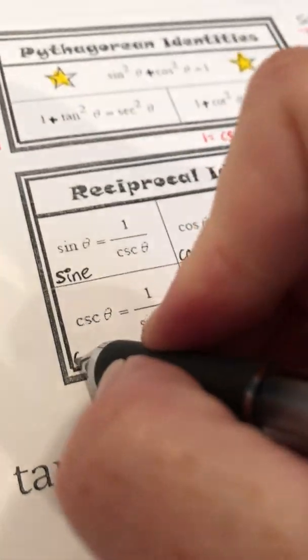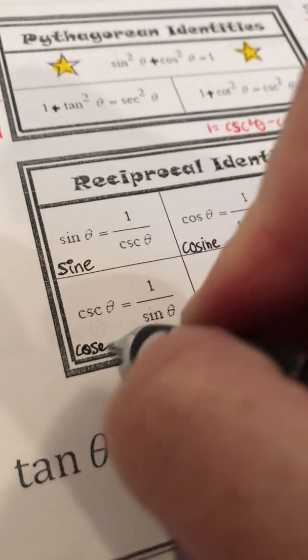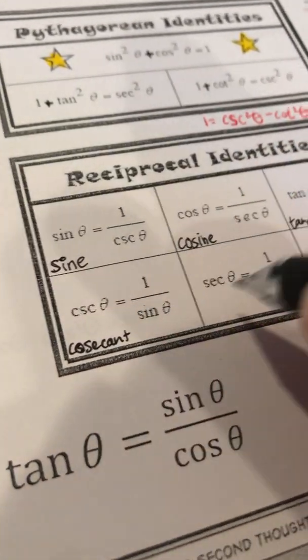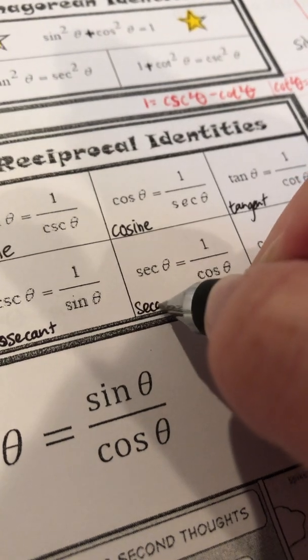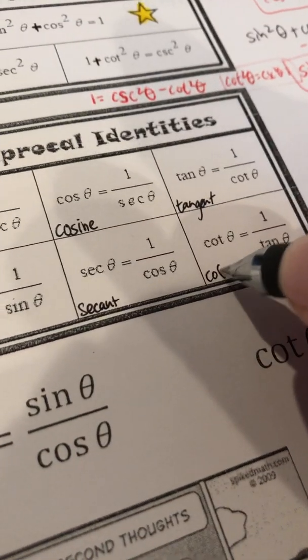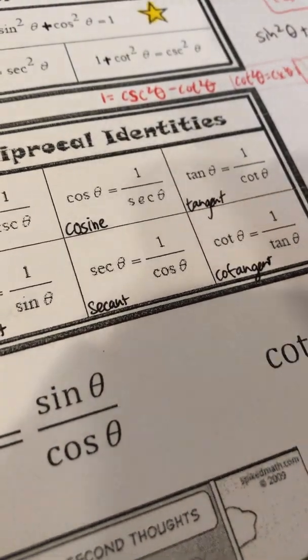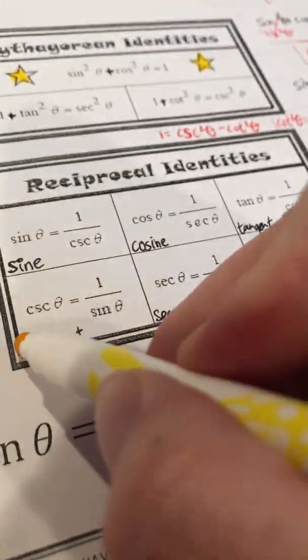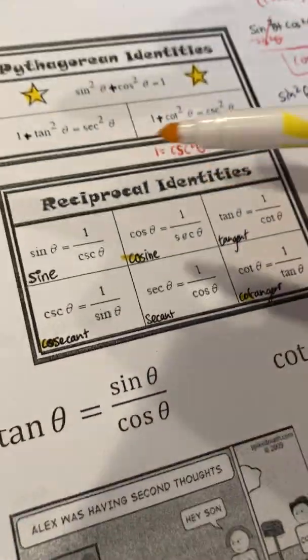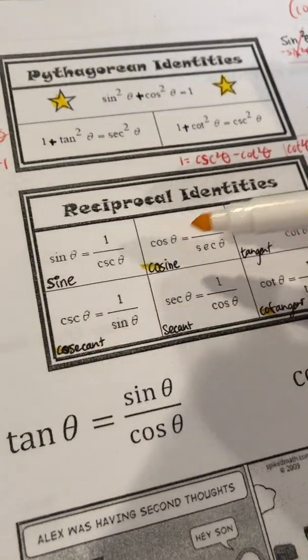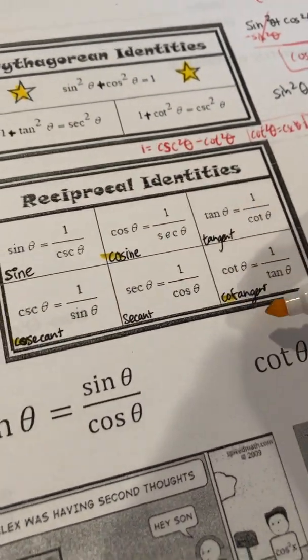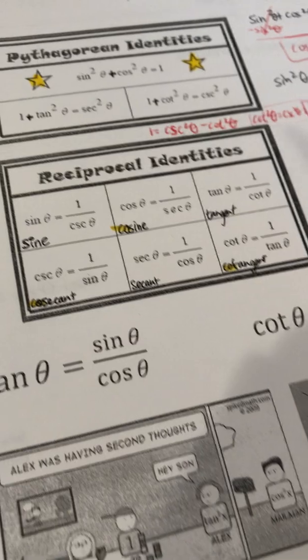So this is cosecant, that's a weird one. This is secant, and this is cotangent. I've had students point out to me before that they each have their own little co. This is sine and cosecant, cosine and secant, tangent and cotangent. However you want to see it, there we go.